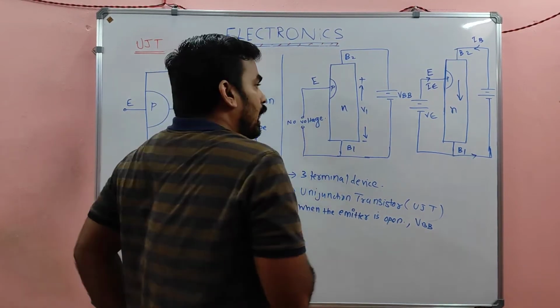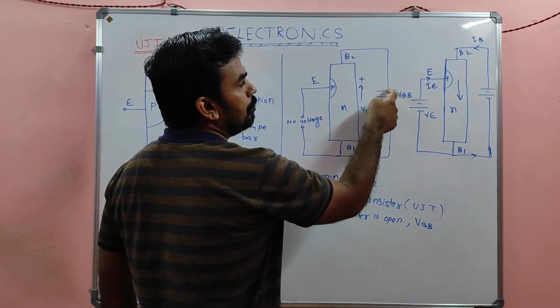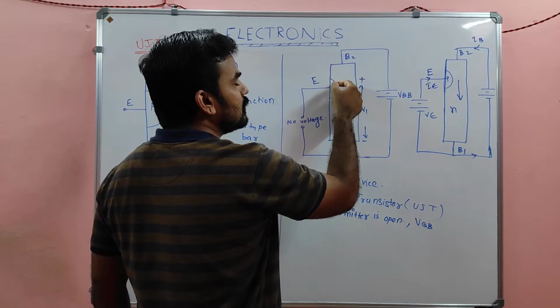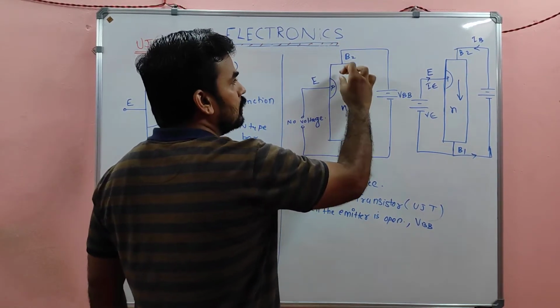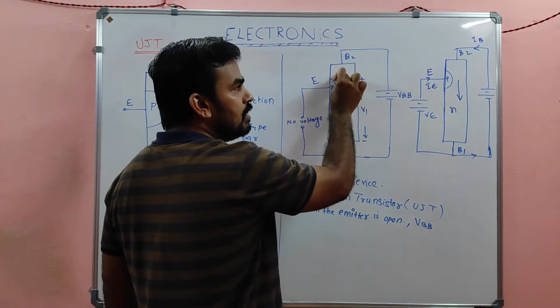Is it clear? This P, being positive, will slightly forward bias P, but the region between P and B2 is very short.